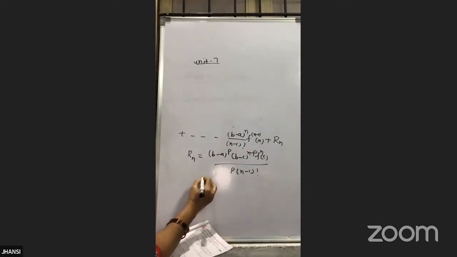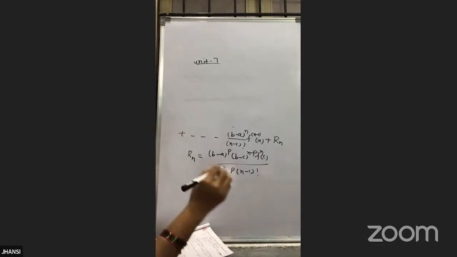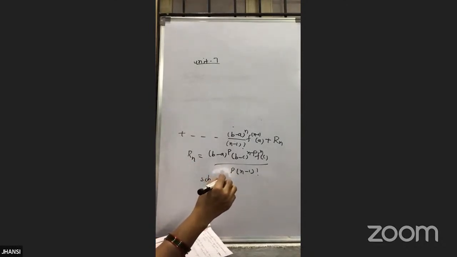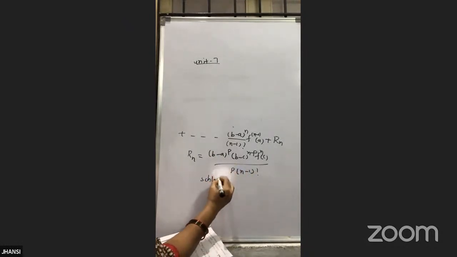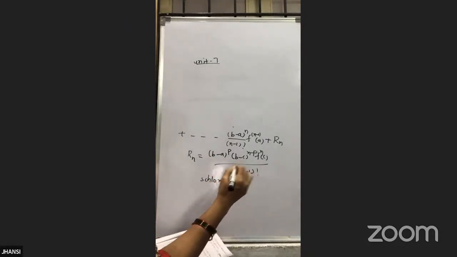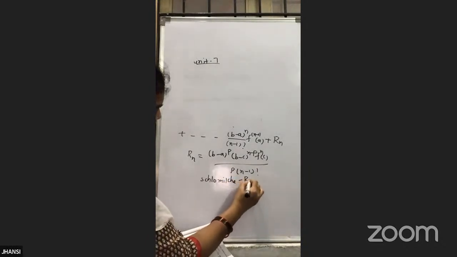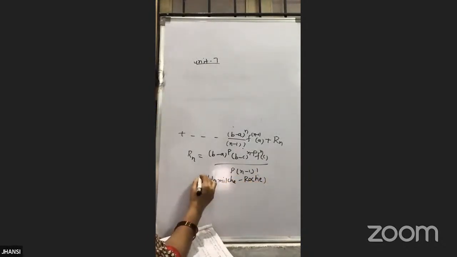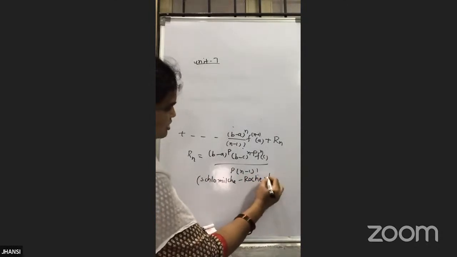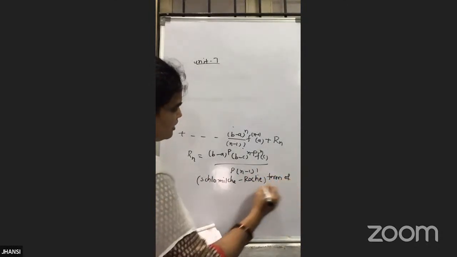Even this Rn is called the Schlömilch-Roche form of remainder. This is one of the forms of remainder.